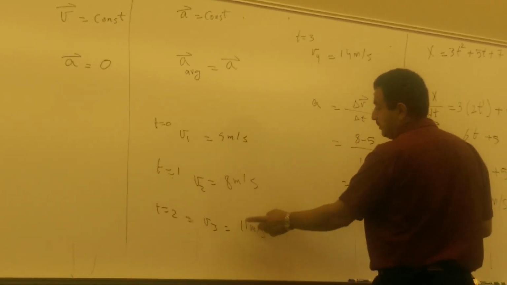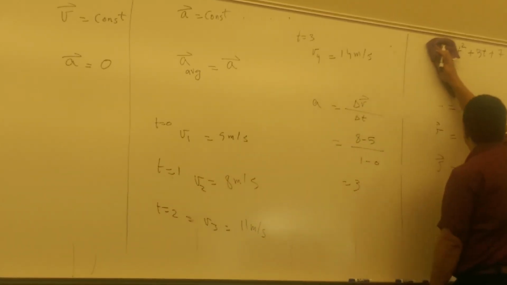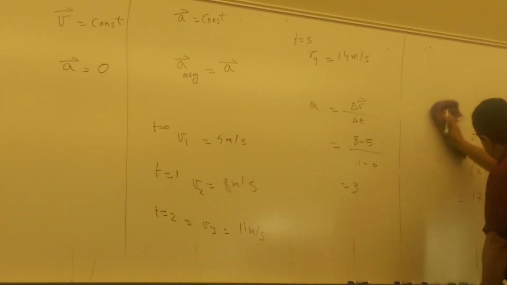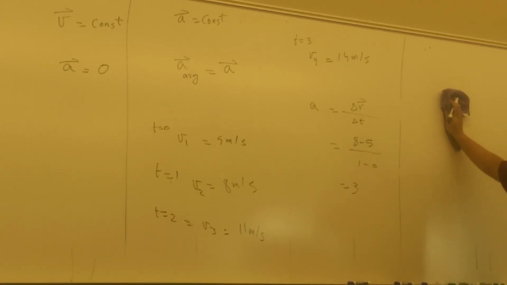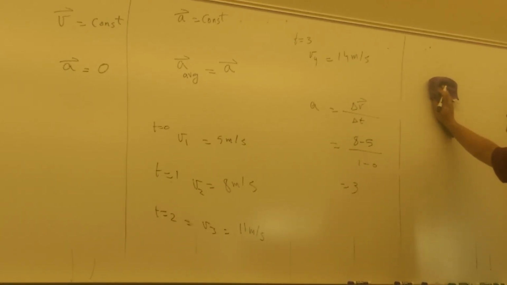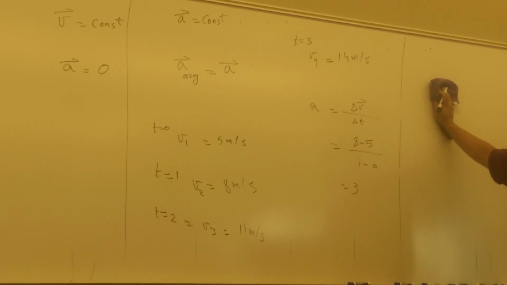And if I want to find it between these 2 points, what is it? 11 minus 8, which is 3, divided by 1, which is again 3. And if I want to find it between the last one and the first one, which gives me 14 minus 5, divided by 3, right?